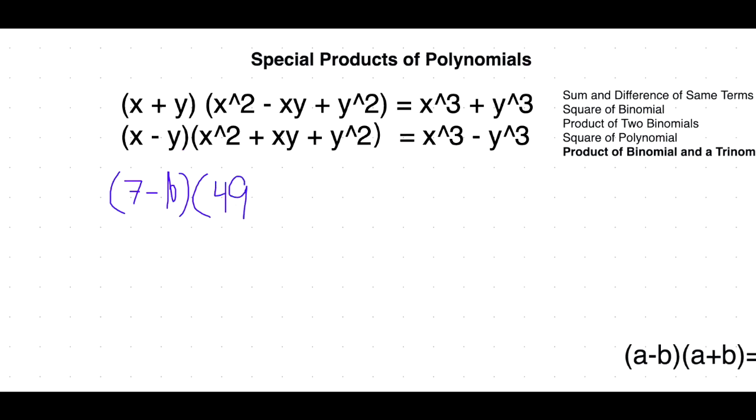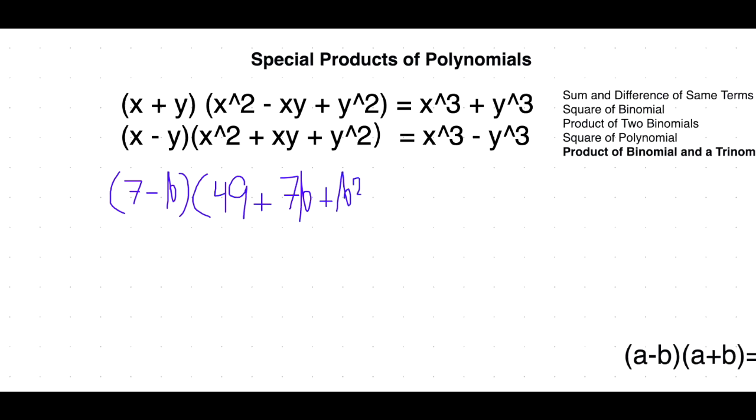Because we've established that our 7 is x, x squared will be 49, 7 times 7 is 49, plus xy, so 7 times b, 7b, plus b squared.